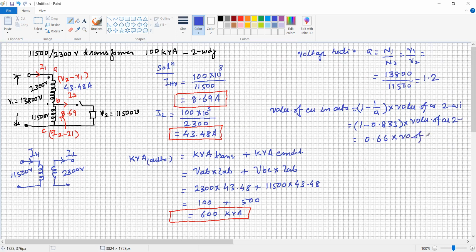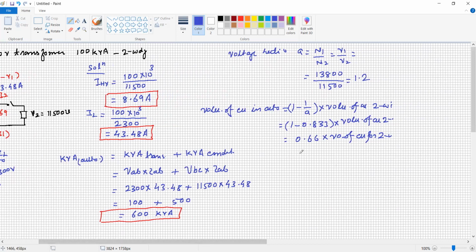Volume of copper for two winding transformer, isn't it? So what is the saving? The copper needed is 0.166, that is 16%.